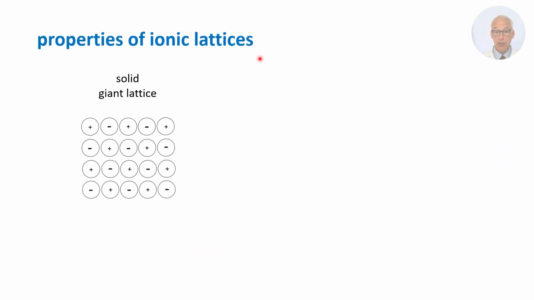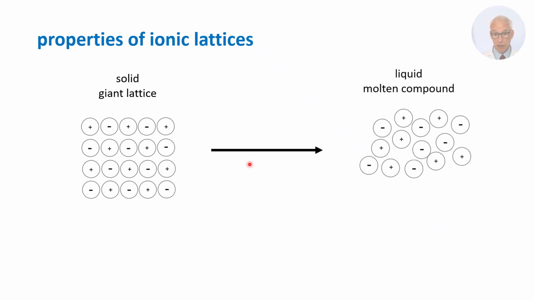You are expected to know the distinctive properties of ionic lattices and to be able to explain them. So we have, as a solid, a giant lattice of oppositely charged ions. If we heat it, it will become a liquid, that is, it will become a molten compound.